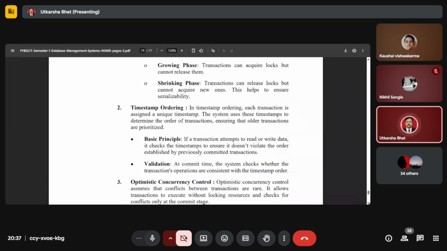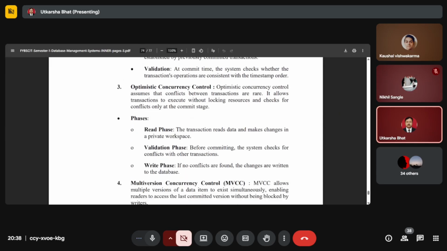Optimistic concurrency control. Optimistic concurrency control assumes that conflicts between transactions are rare. It allows transactions to execute without blocking resources and checks for conflicts only at the commit stage. Phases: read phase, validation phase, write phase.